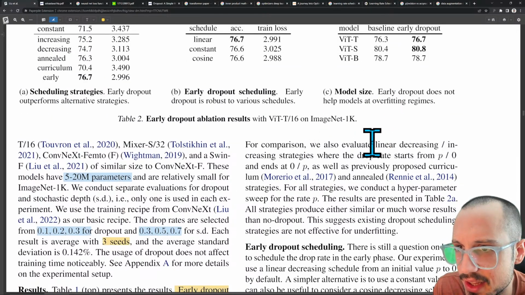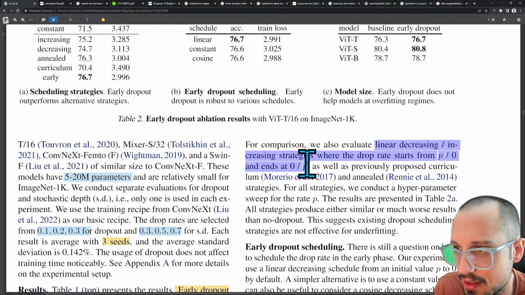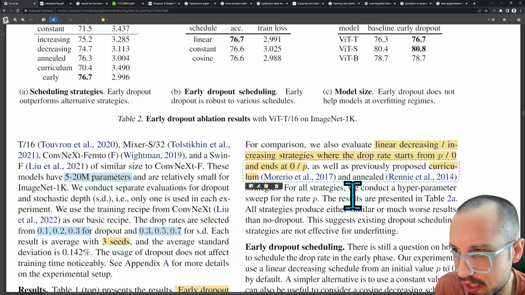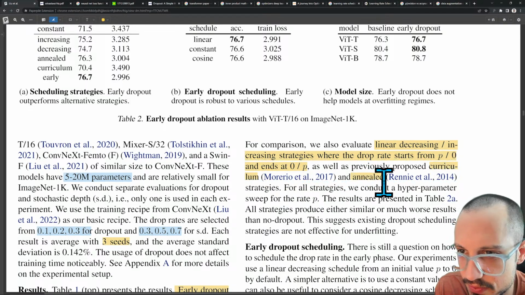We also evaluate linearly increasing and decreasing strategies where the drop rate starts from P and ends at 0, okay? Annealing, curriculum. So curriculum is one way you could describe learning rate scheduling. Annealing is another kind of term you could use to describe something like a schedule.